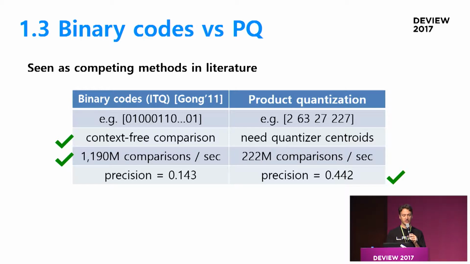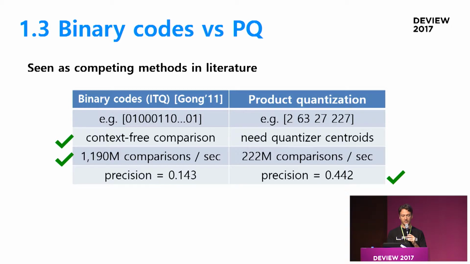This has a direct impact: in the case of binary codes, comparisons are extremely efficient, because of the possible use of instructions such as SSE instructions. So here, for instance, I think these numbers are provided for a single CPU with 128 bits signatures, you can do on the order of 1 billion comparisons per second for the same size of signature, like 128 bits.